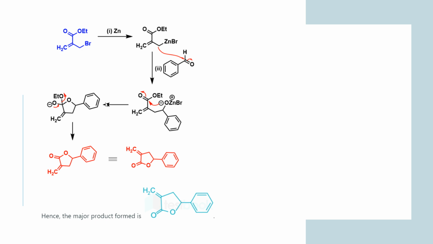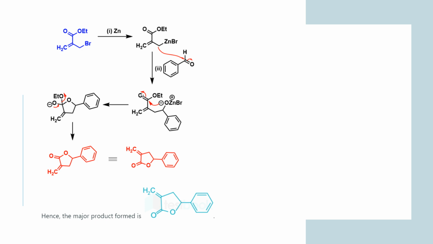So the reaction will not stop at this stage, and we have not added any workup reagent or any water molecule till now to neutralize this oxyanion, so it will further attack at this ester carbonyl carbon, isn't it? So after the attack, you get this oxygen carbon bond formation between this oxygen and this carbon atom, and the electron pair is pushed towards the oxygen atom.